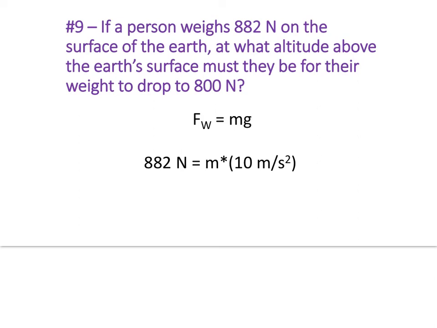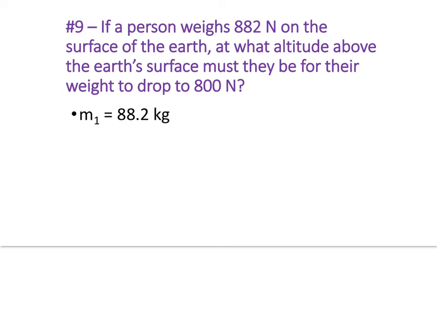When you divide that, you get the mass of that actual person. So our mass 1, M1, is the mass of the person, 88.2 kilograms. And we know that our force, our gravitational force, is 800 newtons. That's our goal. I want to know, where do I need to be to have a weight of 800 newtons?